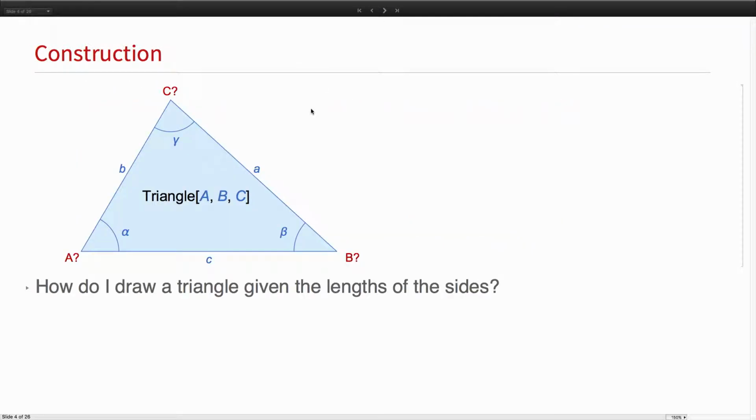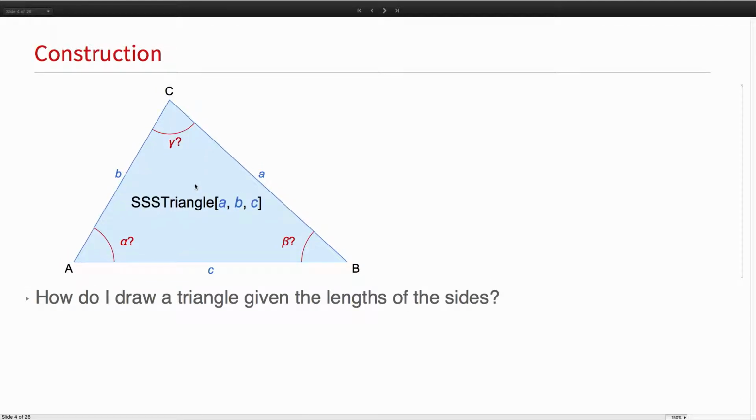From version 10, I believe, we have a new graphic primitive called Triangle. Does anyone know about this primitive? Probably some of you interested in graphics know about this. But not just Triangle, we also have a family of triangles like SSSTriangle. It's a weird naming, but S means side.